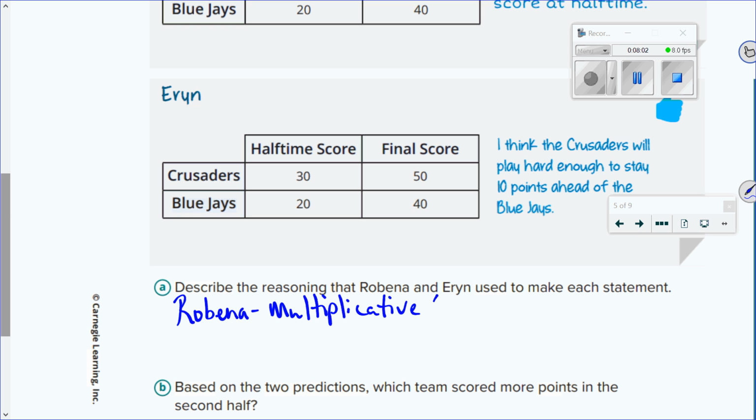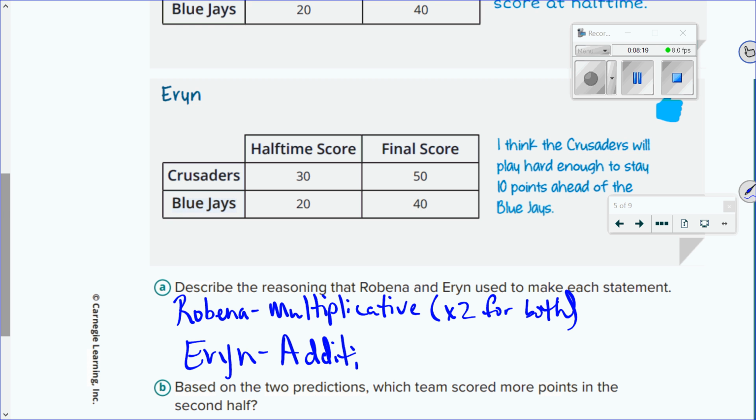She just multiplied both by 2. Okay? Whereas Aaron, and this is kind of a process of elimination, was using additive reasoning.